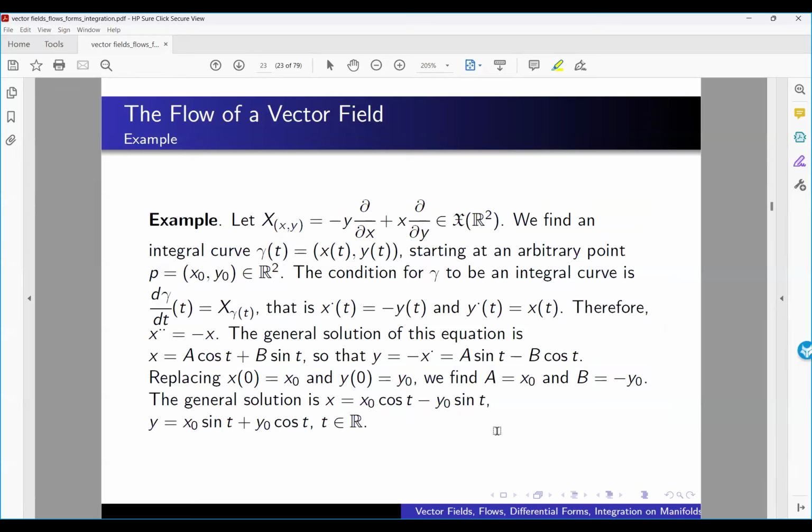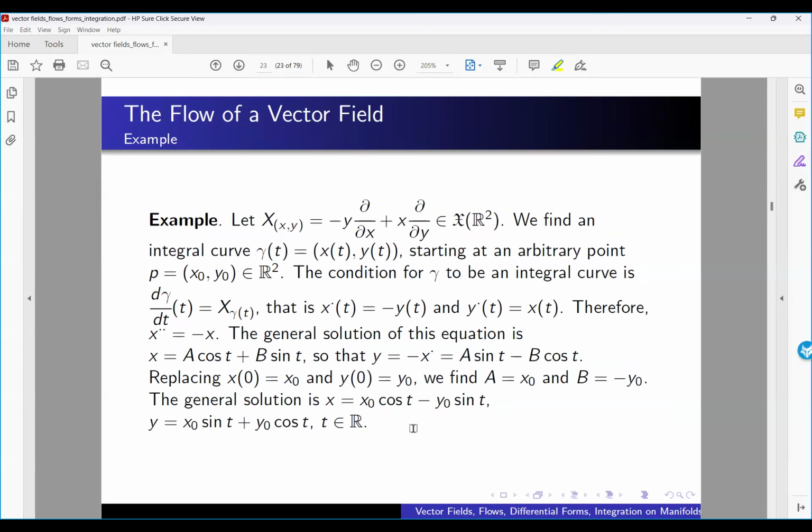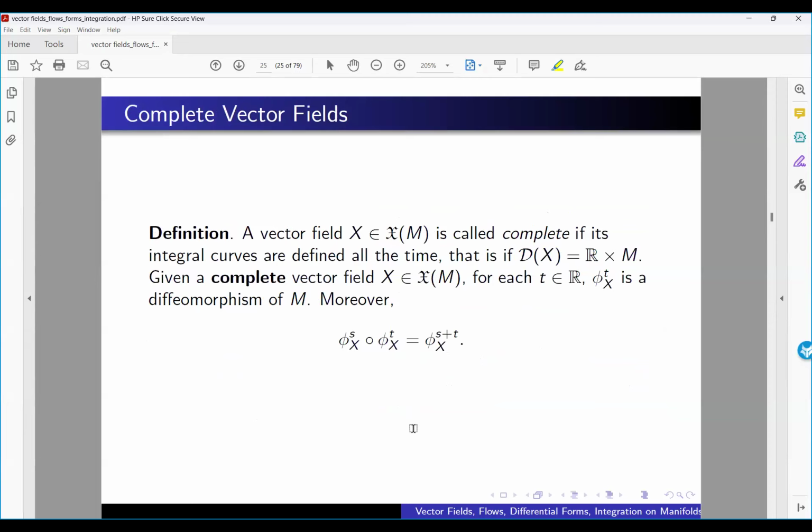Now, maybe I should take this example, because it talks about this way of moving on the integral curves, or for a flow.